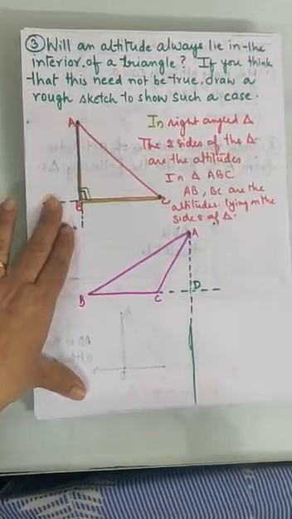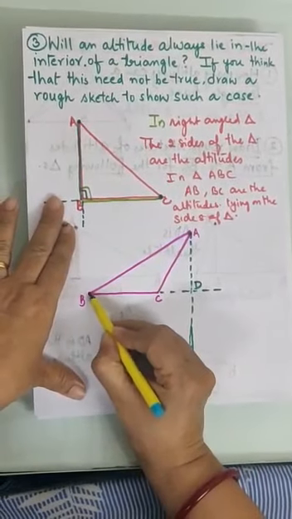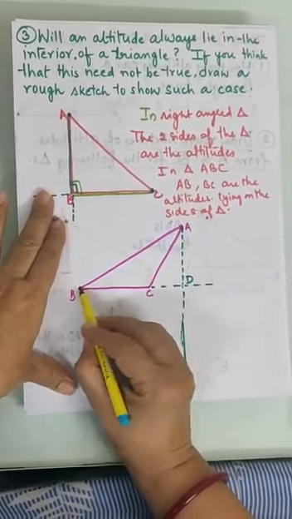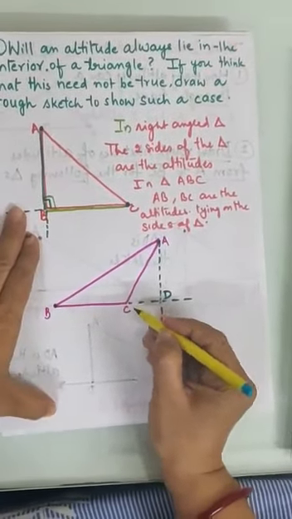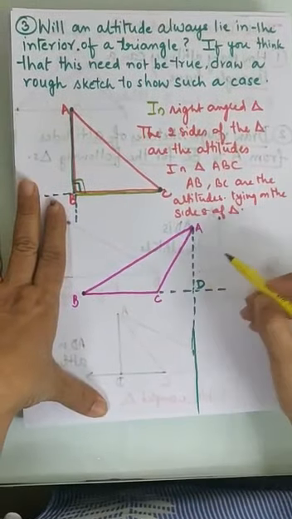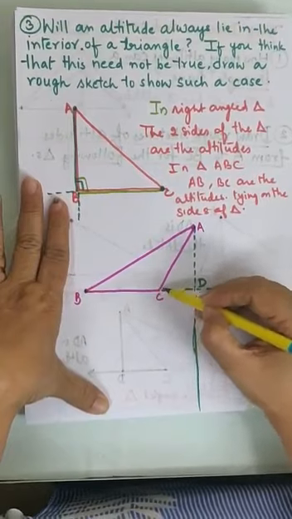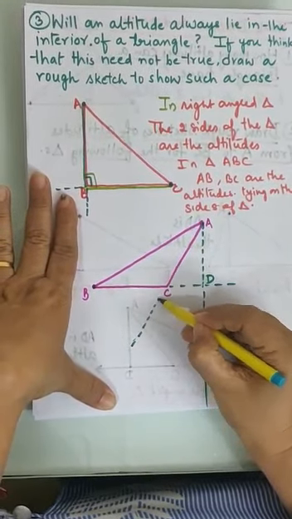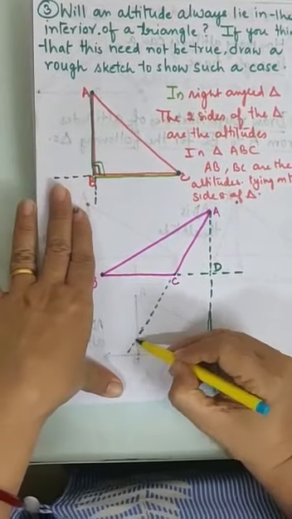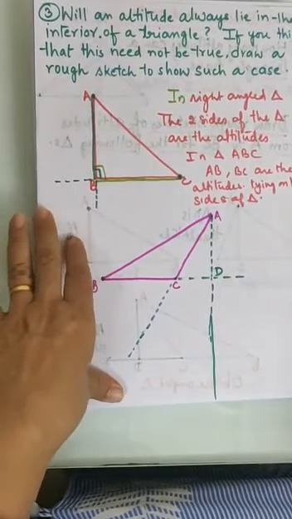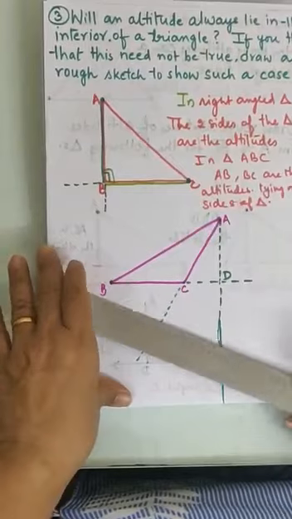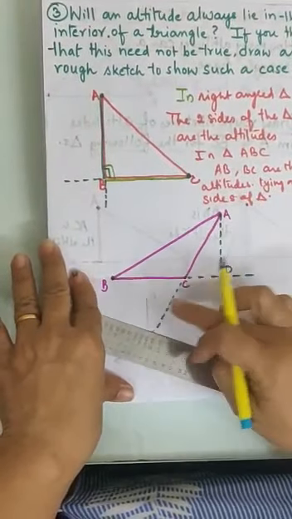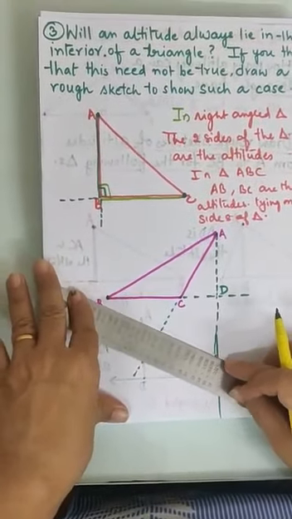Again, if we have to draw perpendicular from B, we have to draw on the opposite side AC. Okay, now then we have to extend this AC. Now we extend it. Okay, let us draw now perpendicular from B to this extended line AC. So let us make the perpendicular.